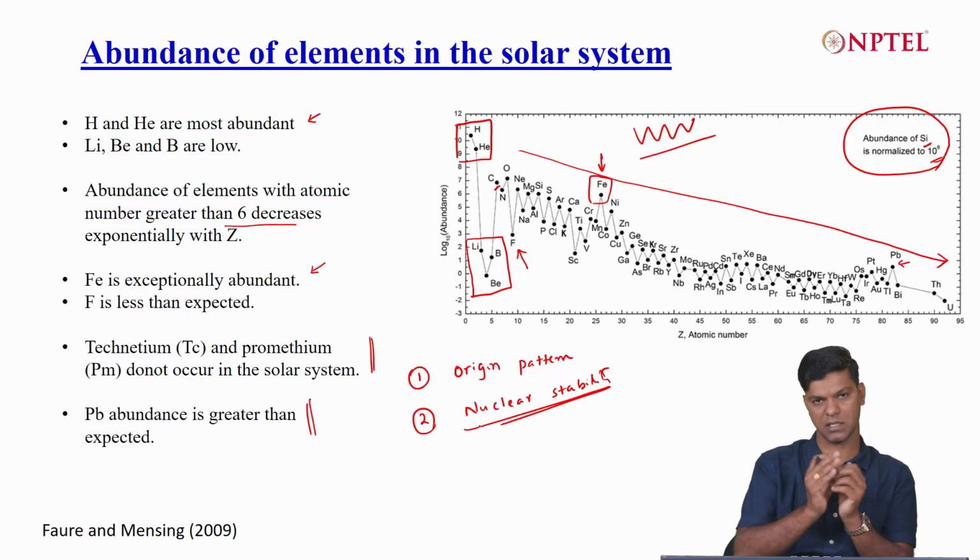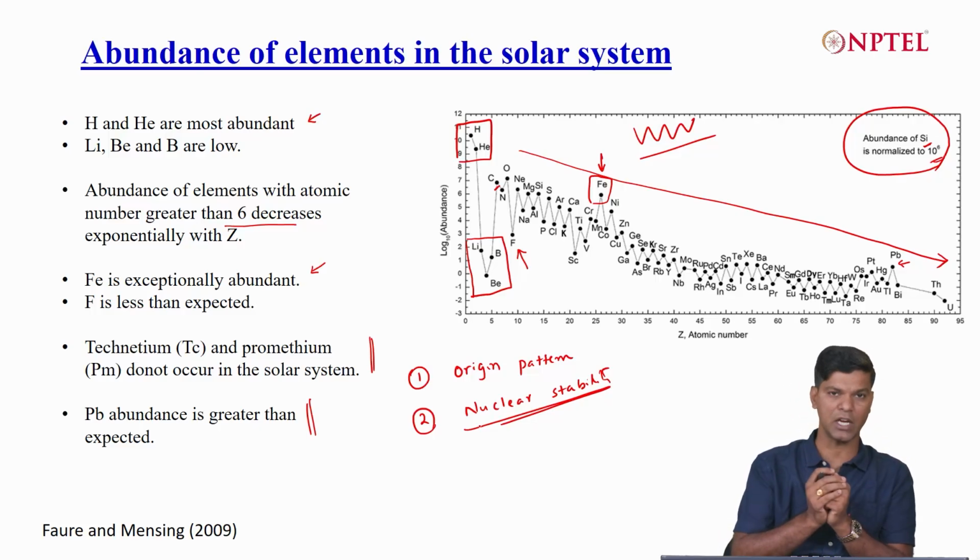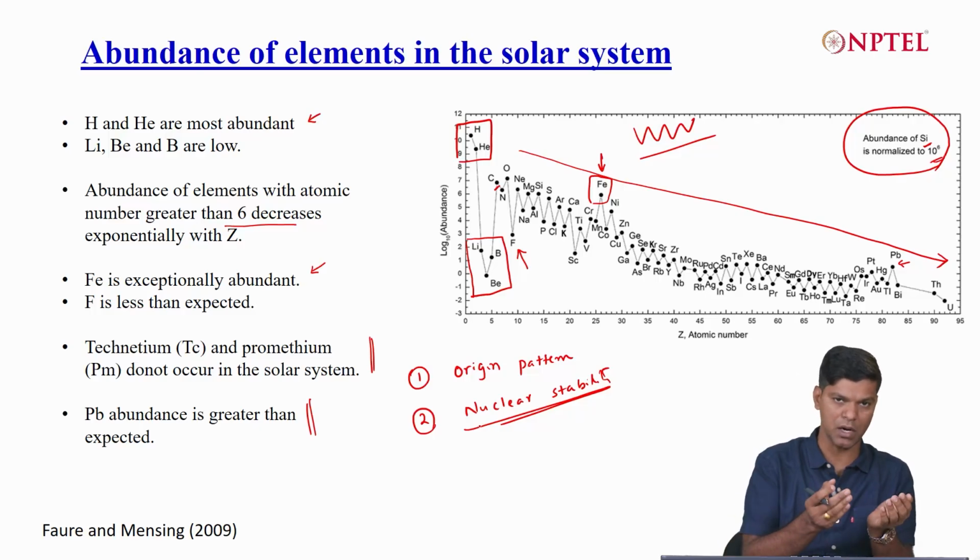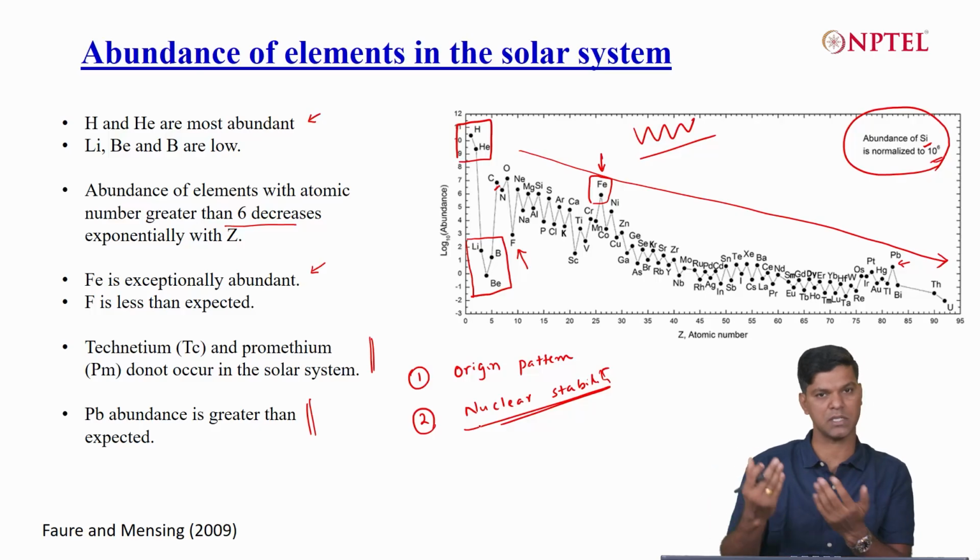Some nuclei are stable, some are not, and we will try to understand why they are not stable, and also, if they are not stable, how they try to achieve stability, what are the pathways through which they can reach a stable phase.